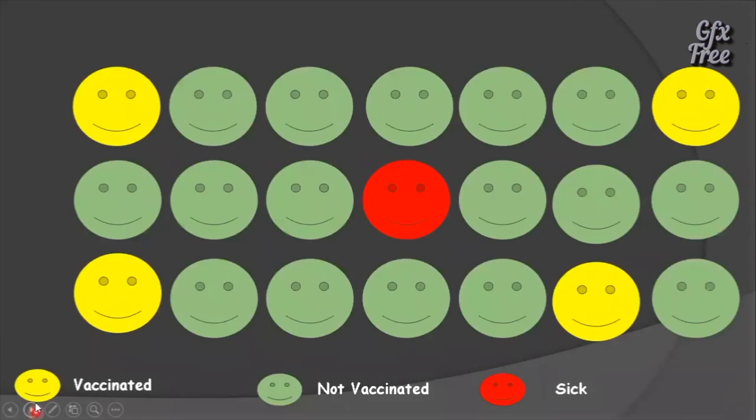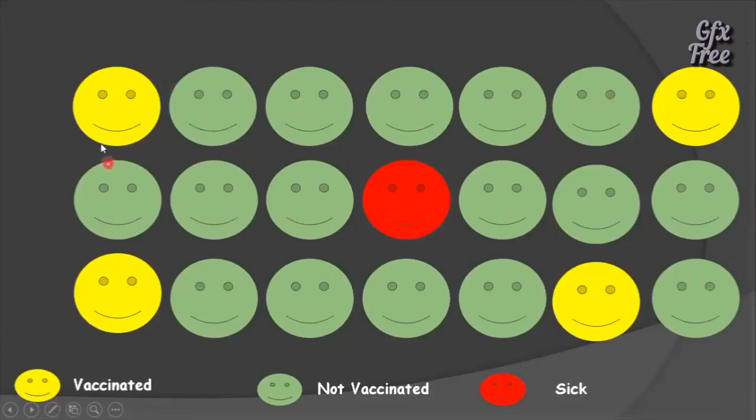Coming to herd immunity. In the case of COVID-19, we look forward to herd immunity. What is herd immunity? Imagine there is an infected person, and that infected person comes in contact with a lot of other non-vaccinated but healthy individuals.